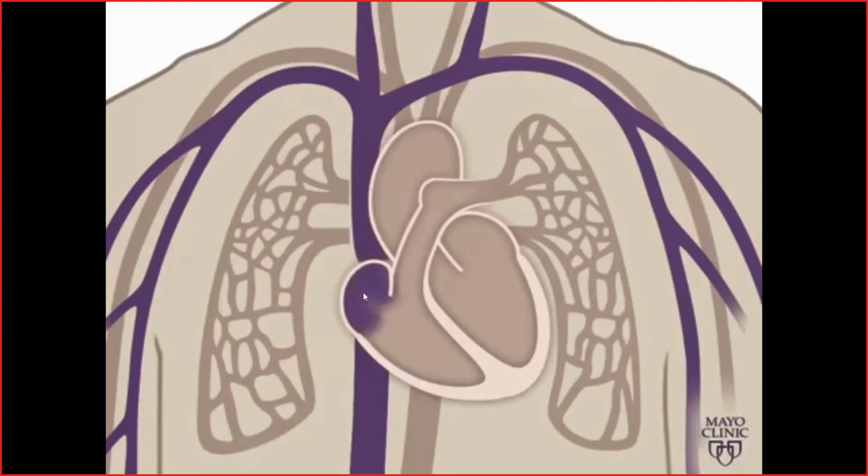Then the right atrium will pump the blood to the right ventricle through the tricuspid valve. See? Now the blood with a little amount of oxygen and with much carbon dioxide goes to the right ventricle.